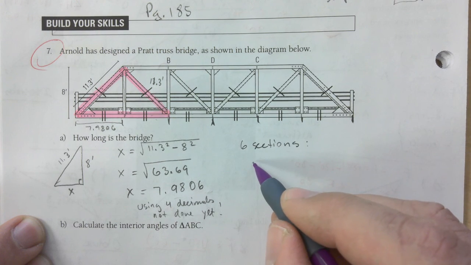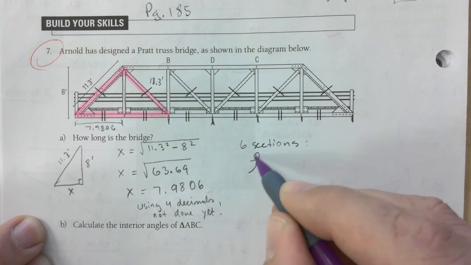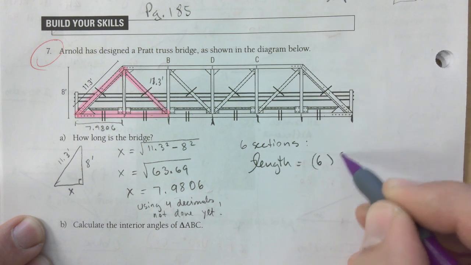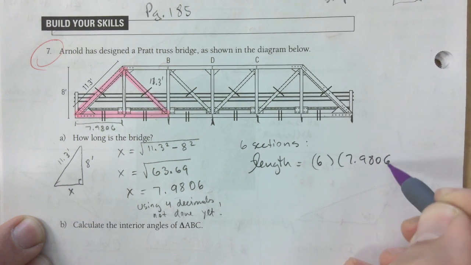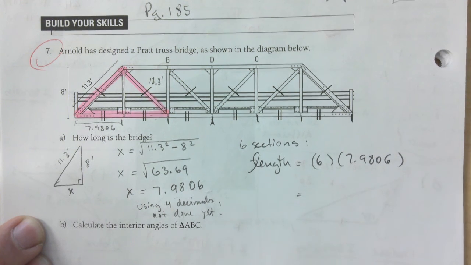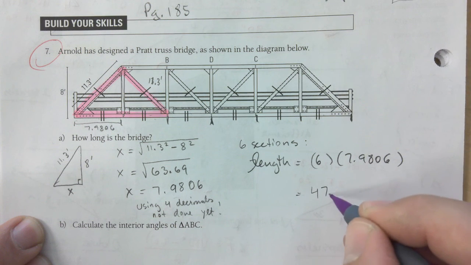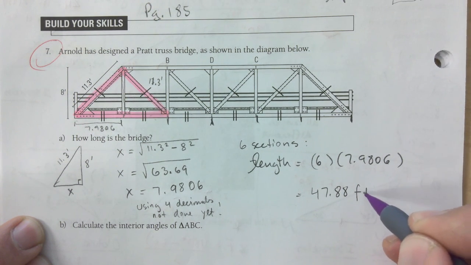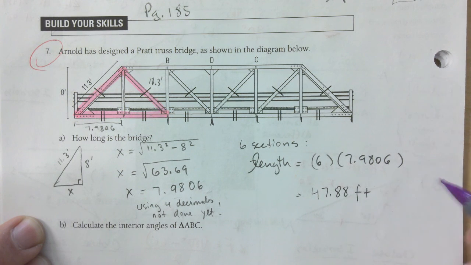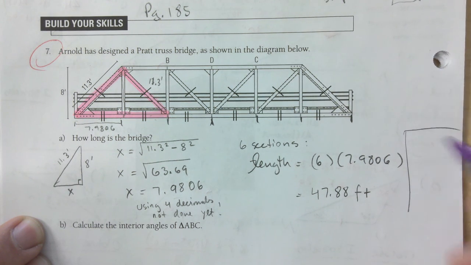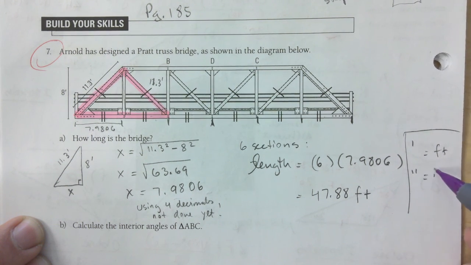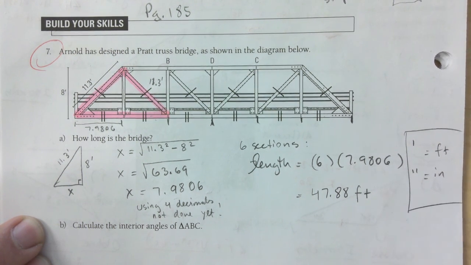Therefore, the length will be 6 times 7.9806. I actually just leave that in my calculator and go times 6. That's 47.88, and we are in feet. So you can write feet or just put a tick. So maybe a note here: 1 tick means feet, 2 ticks would be inches. Just an aside.